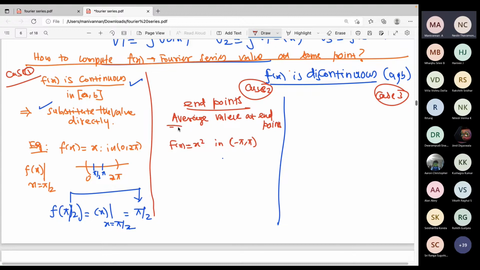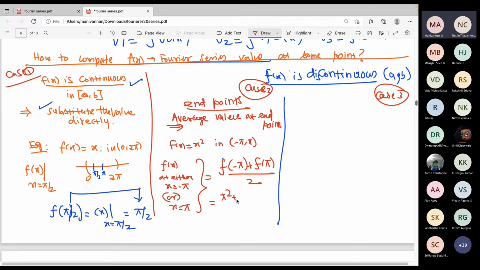So the average value of f of x at either x equals minus pi or x equals pi is the function values added and divided by 2. First substitute minus pi, then pi. Minus pi whole square is pi square, so pi square plus pi square divided by 2 is overall pi square.